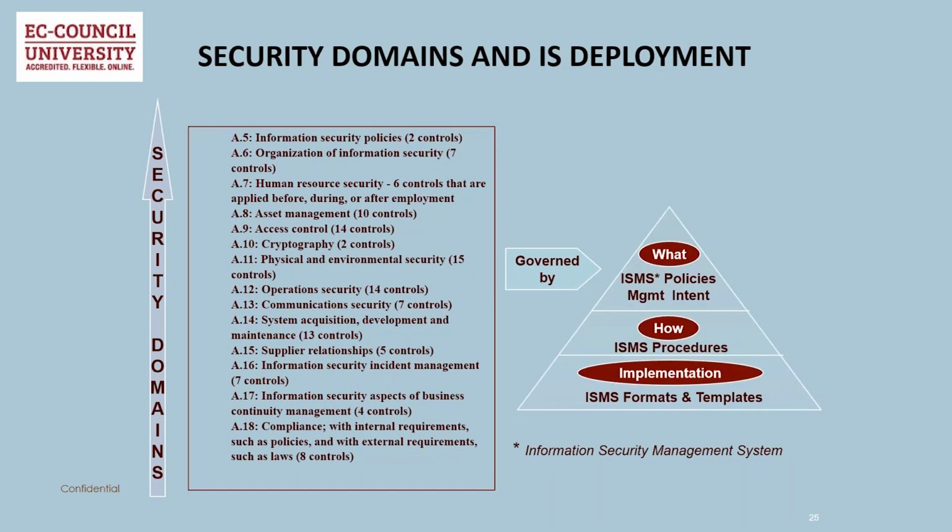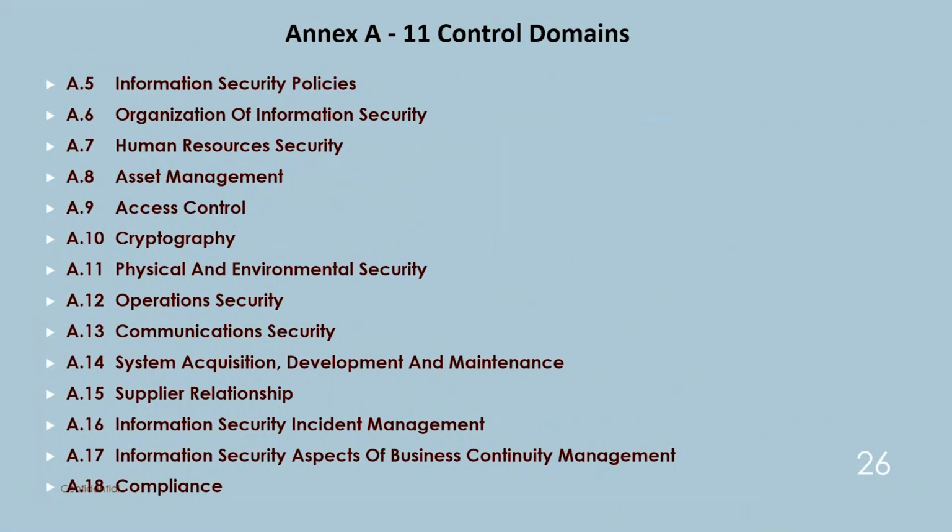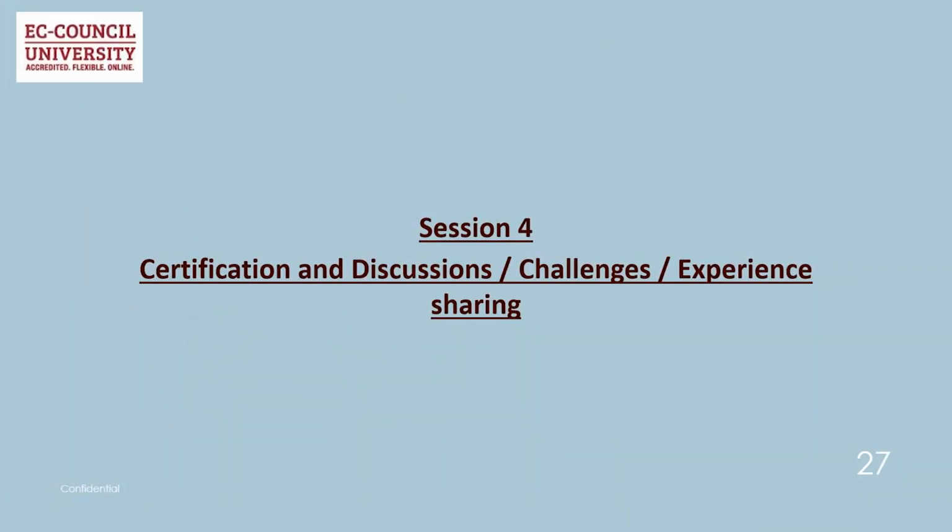These security domains are governed by the policies, which is the management intent, and the how part is governed by the ISMS procedures and implementation through proper ISMS formats and templates. So these are the various 14 control domains.